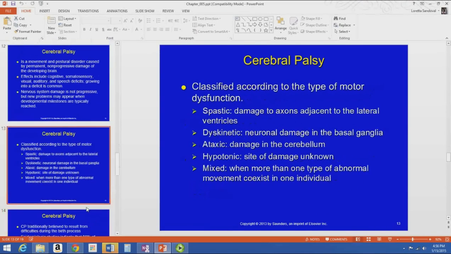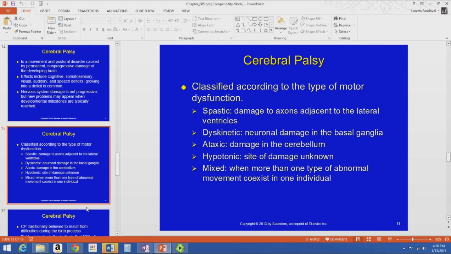So CP is usually classified according to the type of motor dysfunction. There are 4 different kinds, and then the 5th one is mixed, which can include any of those 4 kinds. So spastic, and that is caused by damage to axons adjacent to the lateral ventricles. Dyskinetic, and that's neural damage in the basal ganglia, which has a lot of control of our movement.